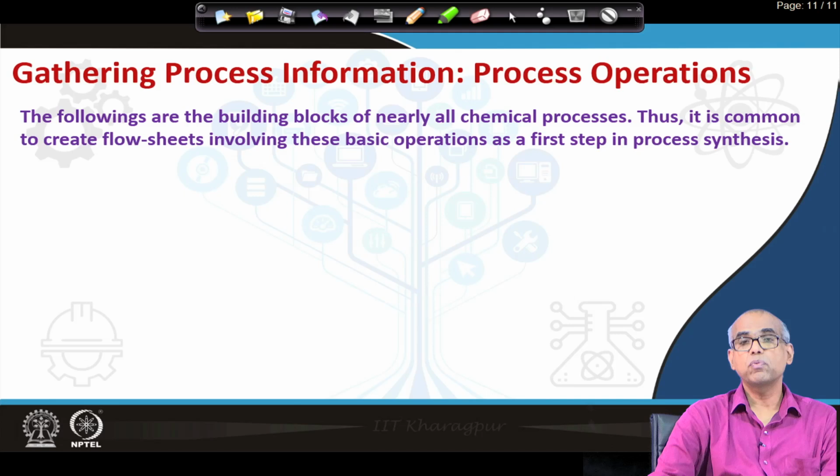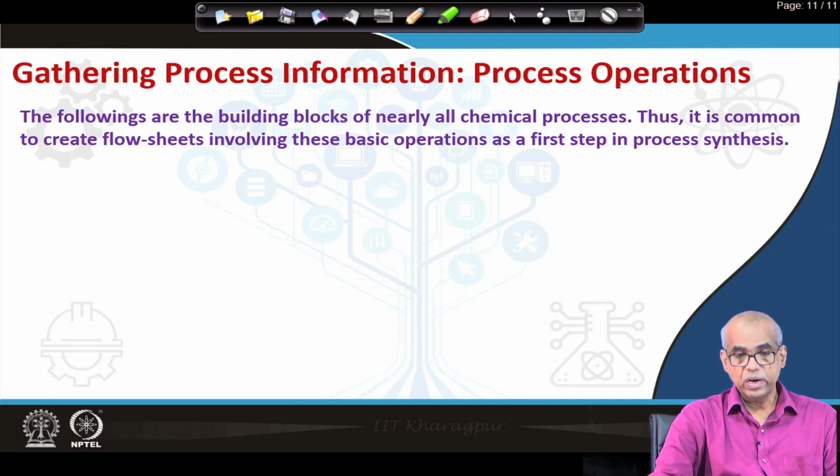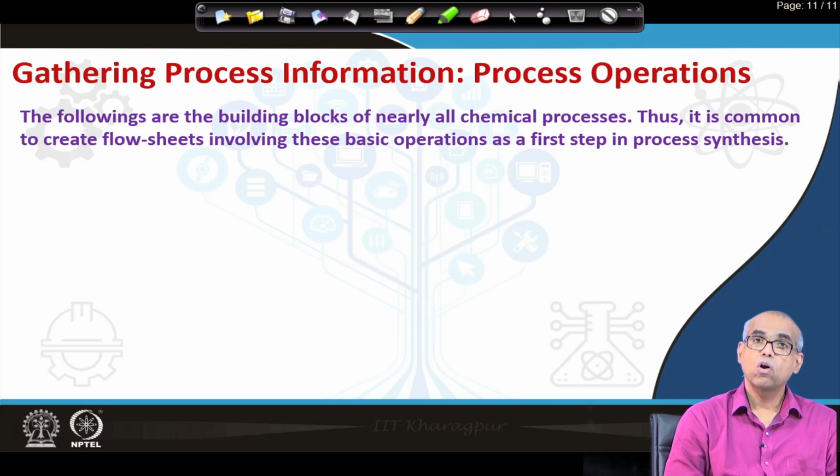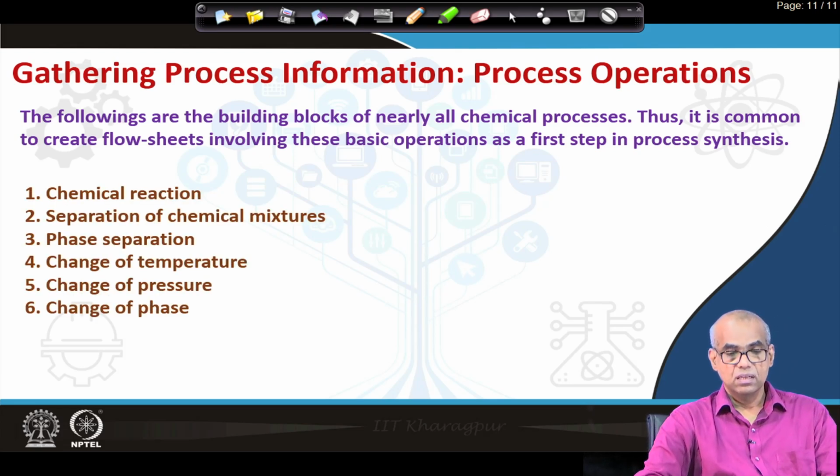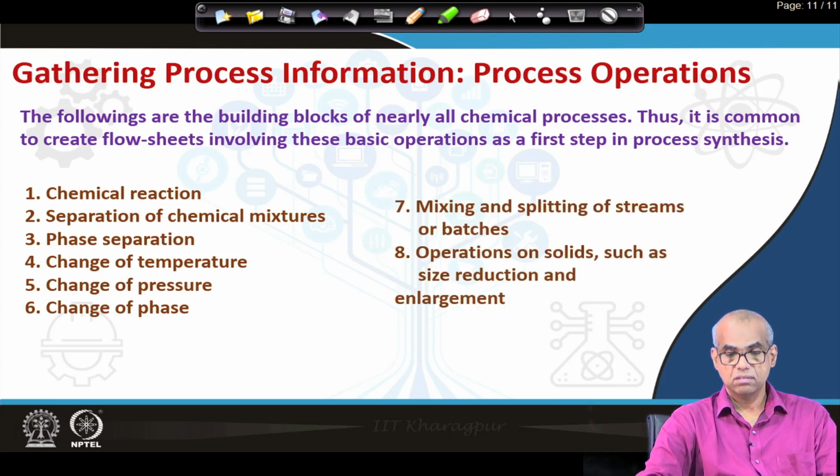Then we must gather information about process operations. You are familiar with various unit operations. Now, we list certain operations which are like building blocks of nearly all chemical processes. For example, chemical reaction, separation of chemical mixtures, phase separation, change of temperature, change of pressure, change of phase, mixing and splitting of streams or batches, operations on solids such as size reduction and enlargement.